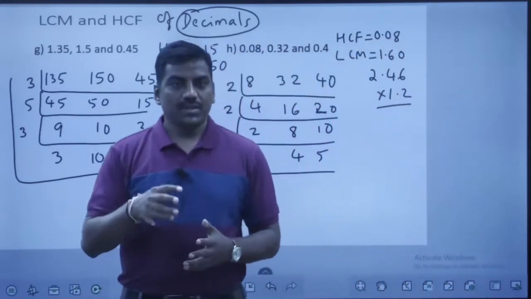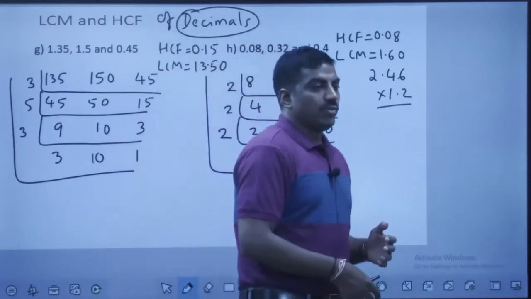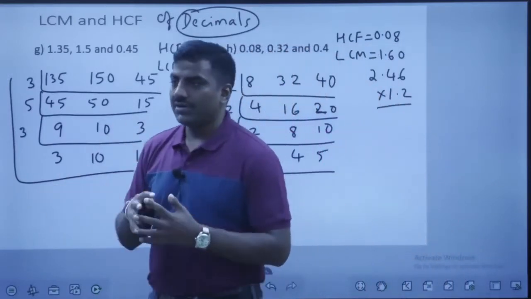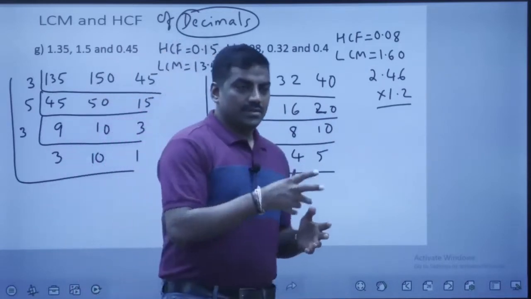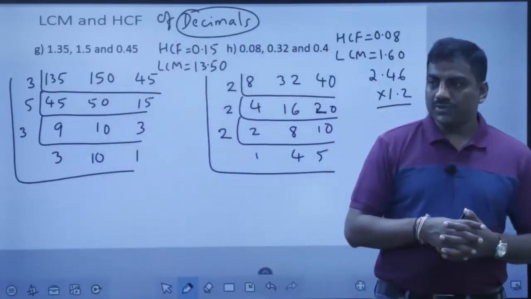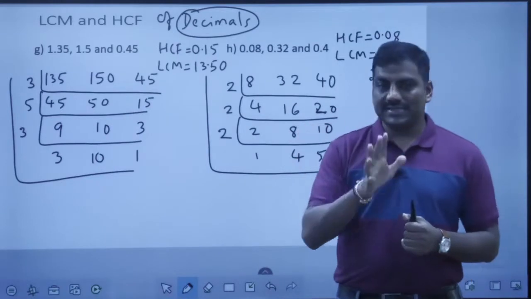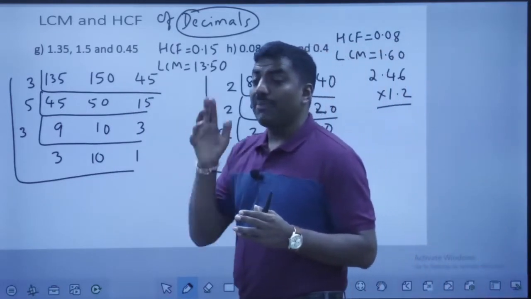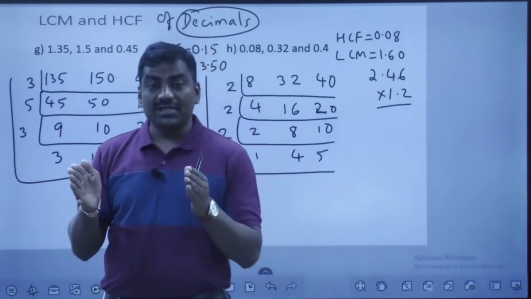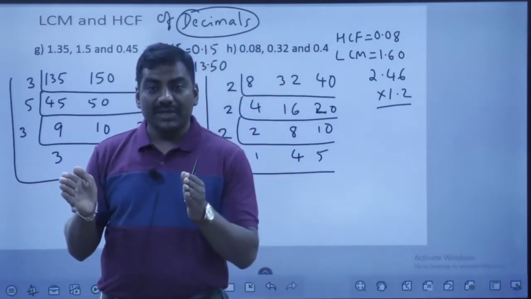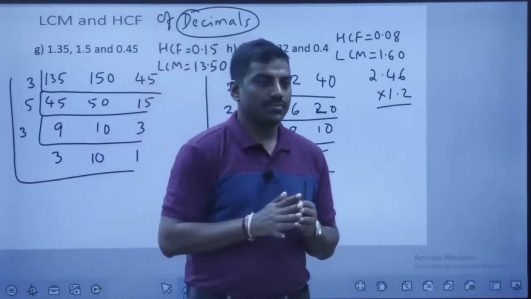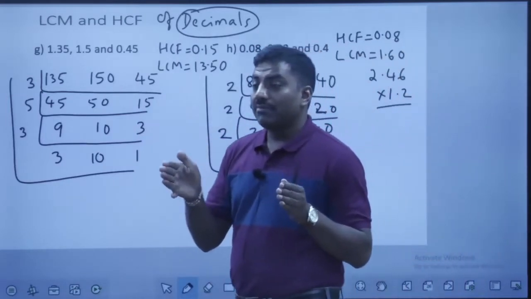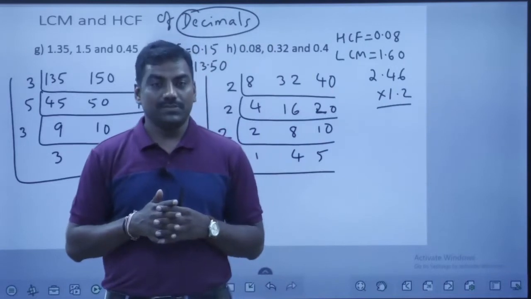One is, let's say, 15 meters, another is 20 meters, another is 25 meters. And you want to cut those ropes into equal lengths, keeping in mind that you are getting the maximum length for each piece of rope. You are finally getting the maximum length that is possible.